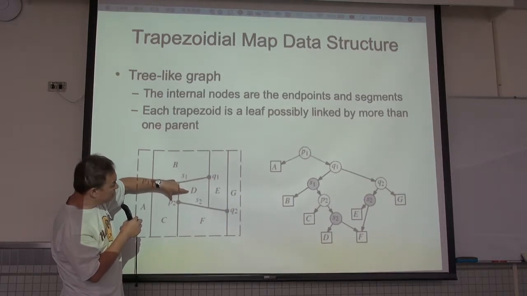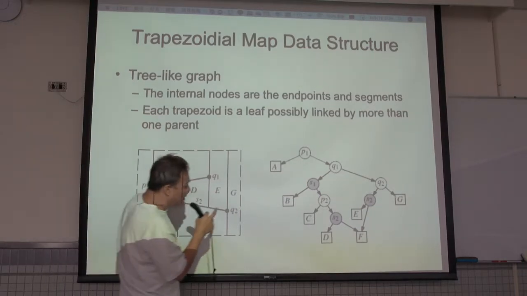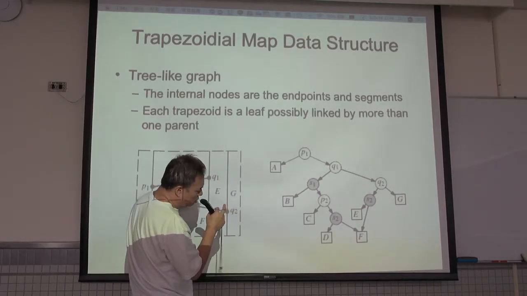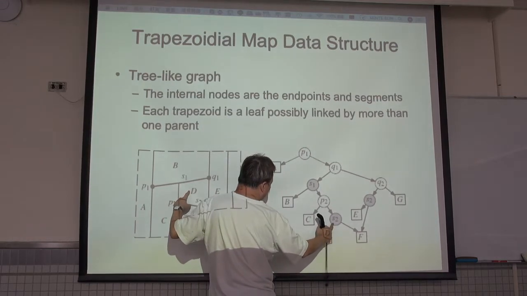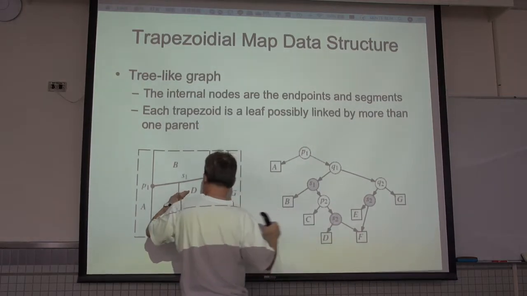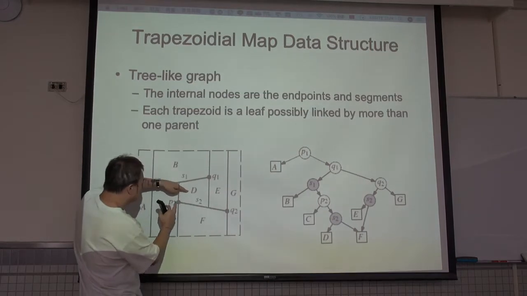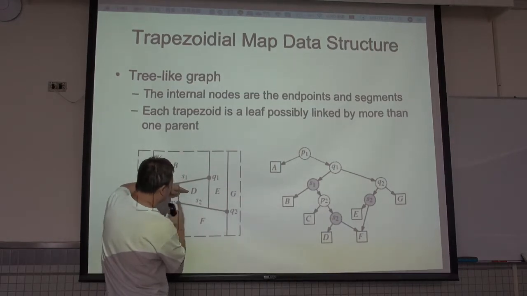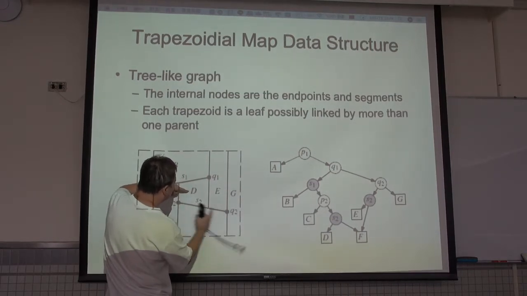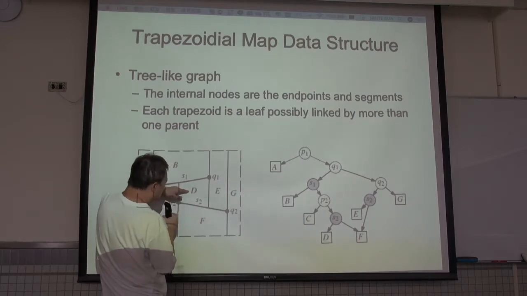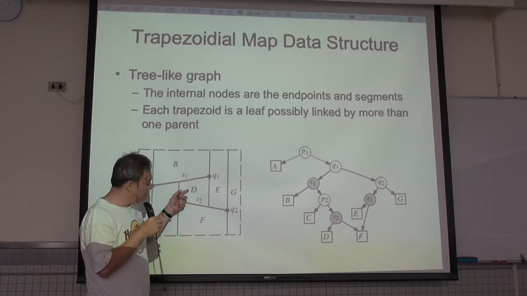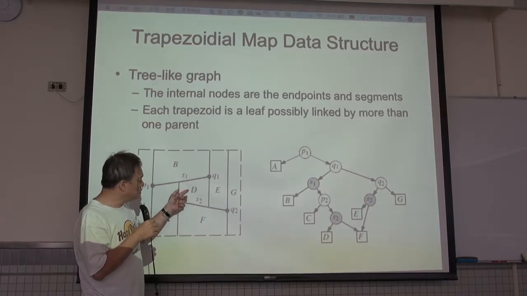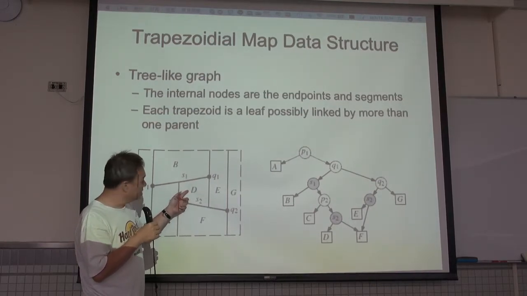Right side. So you go to the right subtree. There's S2. S2 is here. Is this point above or below S2? Above S2, so you go to the left side. So this is D.